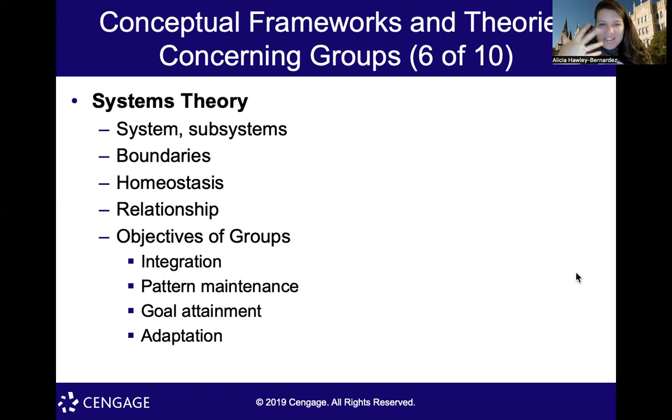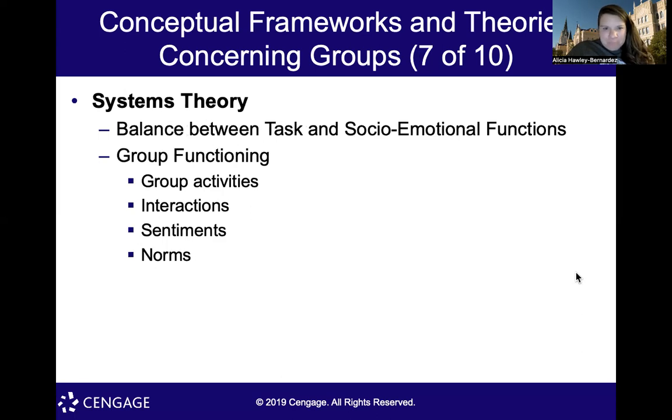Systems theory, this is the main one for social work. So I would be very familiar with systems theory and a lot of the key concepts. I think the textbook does a pretty good job of talking about systems theory as a group function, and for this macro class, we're looking at groups as well.